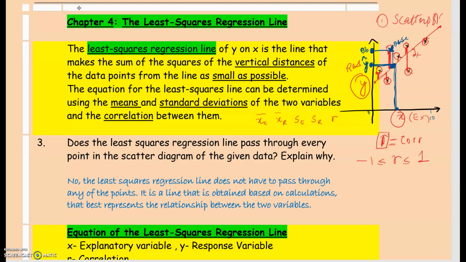Notice that they are different. The observed value will be close to the predicted value if the correlation is strong, which means if the correlation is strong, then our predictions are close to reality. If the correlation is strong, then the predictions are good.